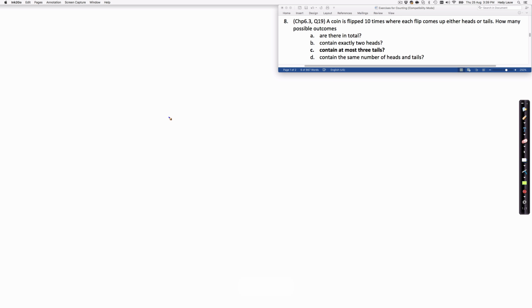One possibility is that there are 0 tails. Another possibility is 1 tail. That means 1 out of 10 comes up tail. Another possibility is 2 tails. And the last possibility is 3 tails.